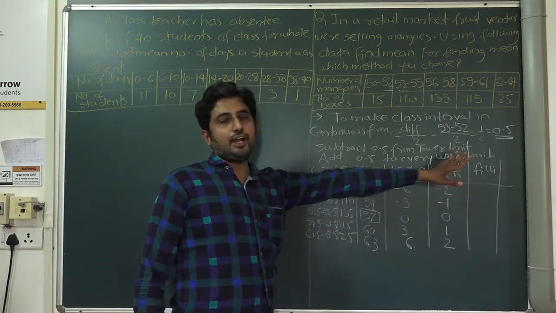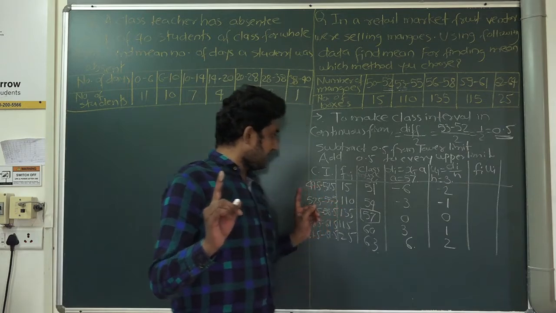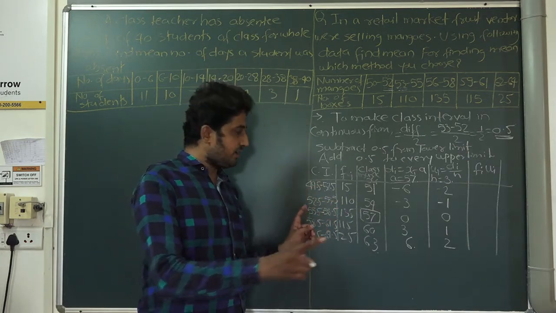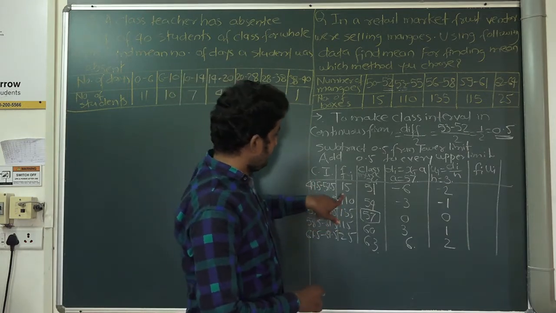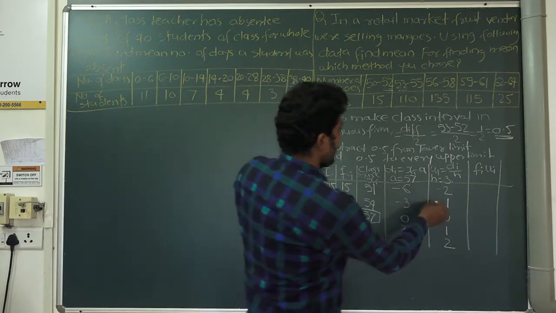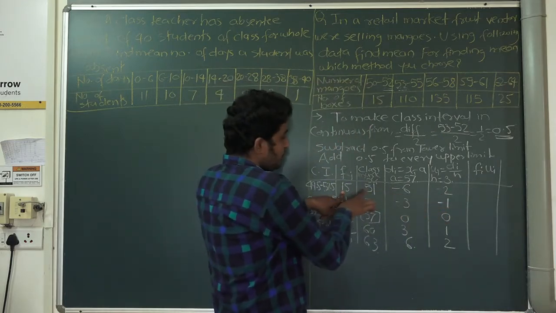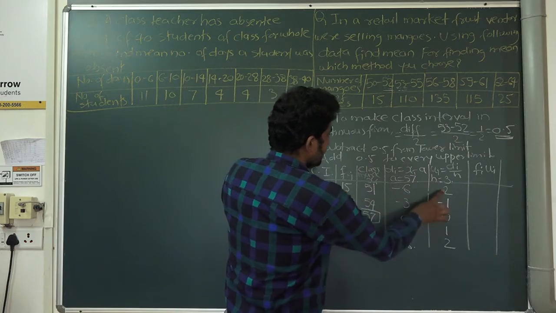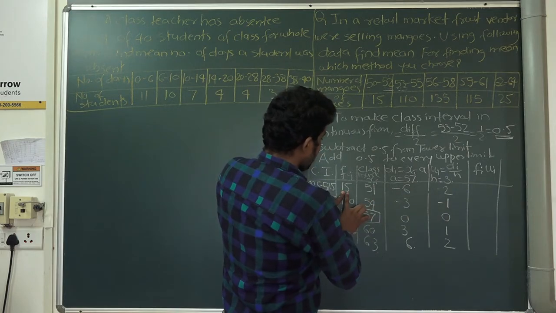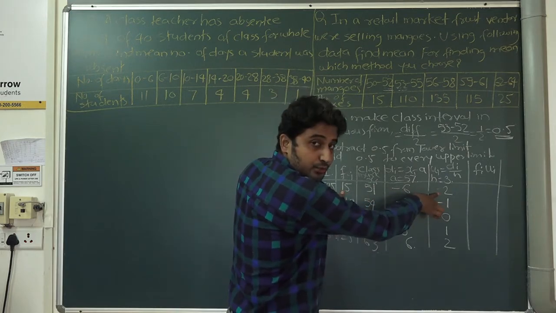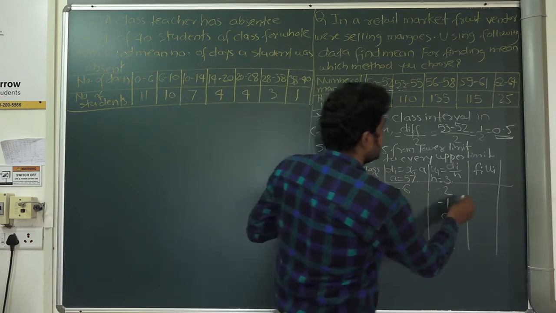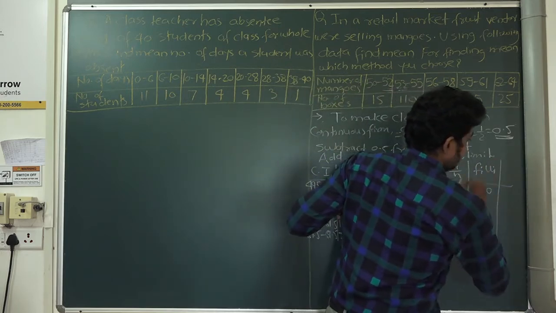Now the last column is fi into ui. Now dear students, please make sure you are taking the appropriate columns. Here is your fi and here is your ui. So you have to multiply the values in these two columns. 15 into minus 2 becomes minus 30.